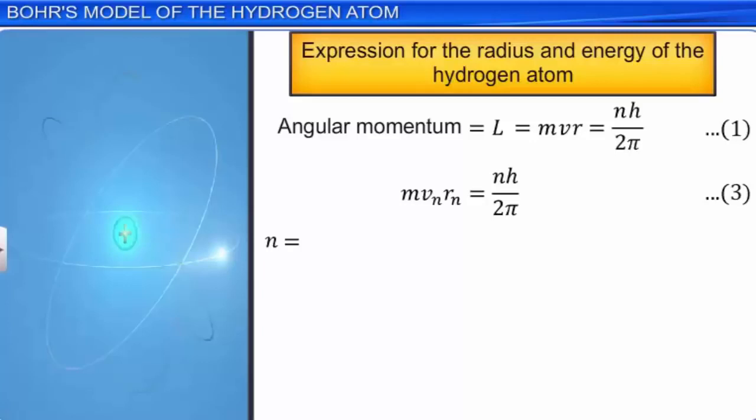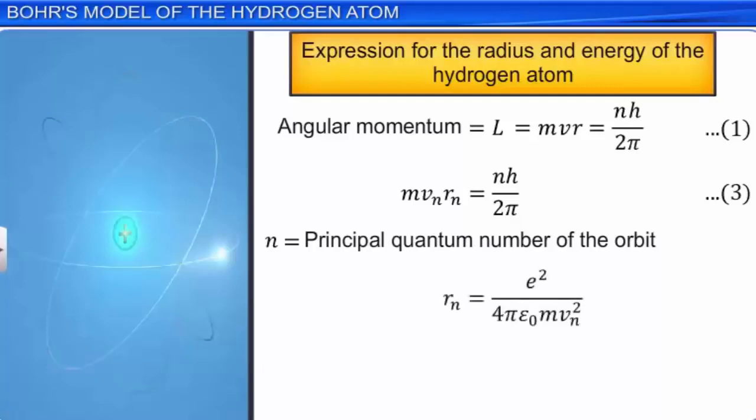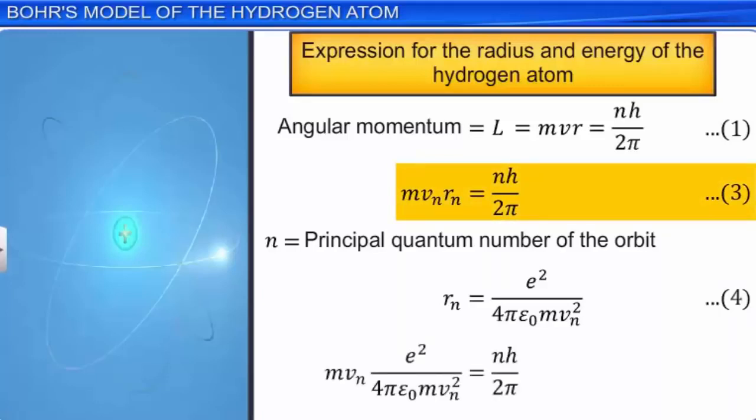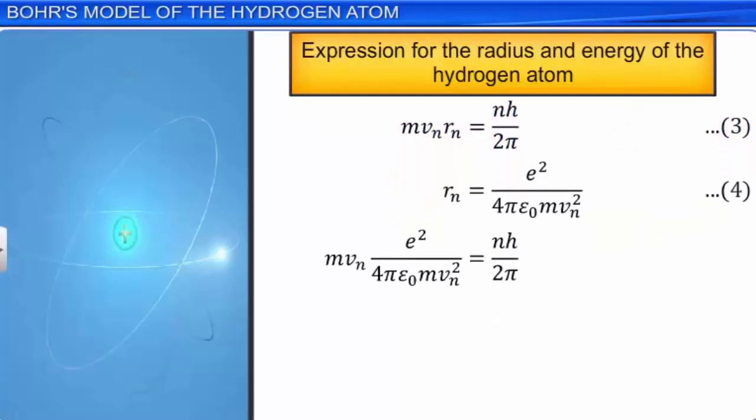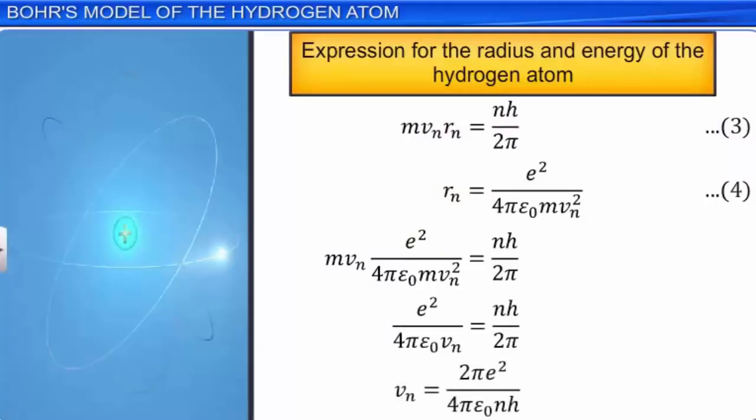We have learned that the relation between the radius r of the electron orbit and its corresponding velocity v is given by r_n = e square by 4 pi epsilon naught m v_n square. Let this be equation 4. Substituting the value of r_n in equation 3 and simplifying, we have v_n = e square by 2 epsilon naught n h.